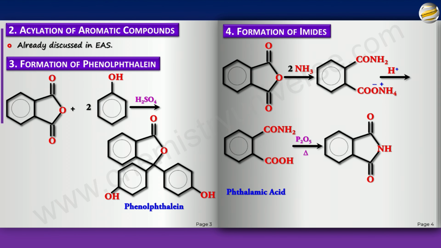Remember, RCONH2 is amide, but RCONCO thing is imide. You can just compare this as an anhydride with a nitrogen. And this is called phthalimide. It will be useful later when we do amines.